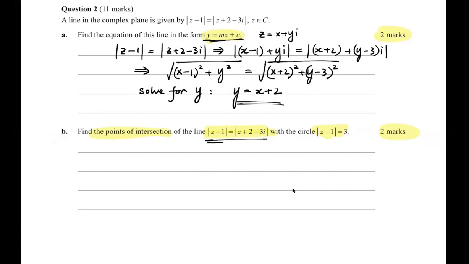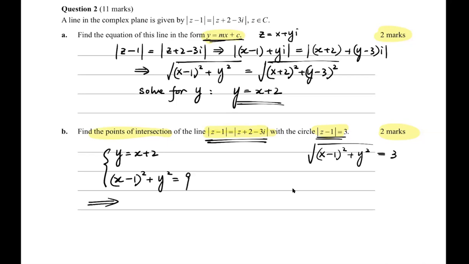So this equation here has an alternative, equivalent form, y equals x plus 2. This guy here can be written as the square root of (x minus 1) squared plus y squared equals 3. So your equation of the circle will be that.